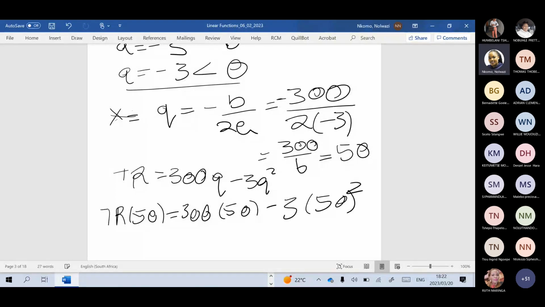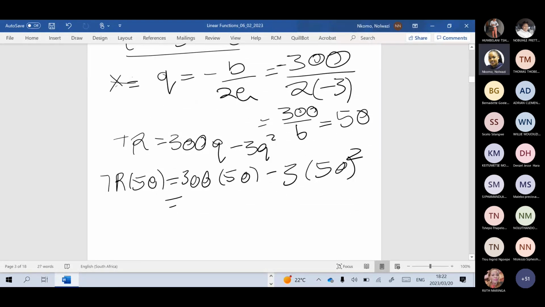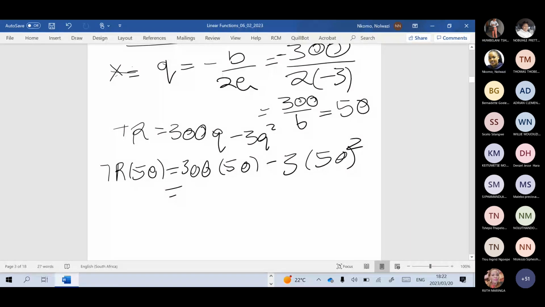And if you punch this in your calculator, you should find 7,500. Okay, we said our A is less than 0. This means we have the maximum total revenue, right? So to interpret this, you can say when 50 units are produced and sold, then we have a maximum total revenue of 7,500.